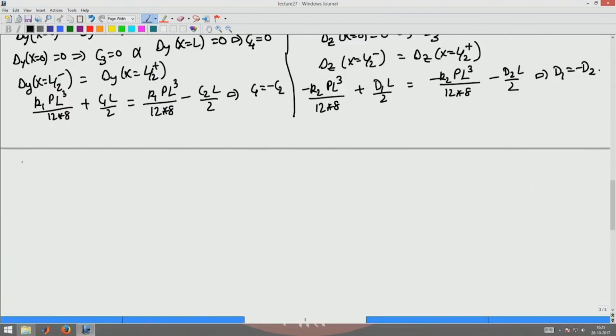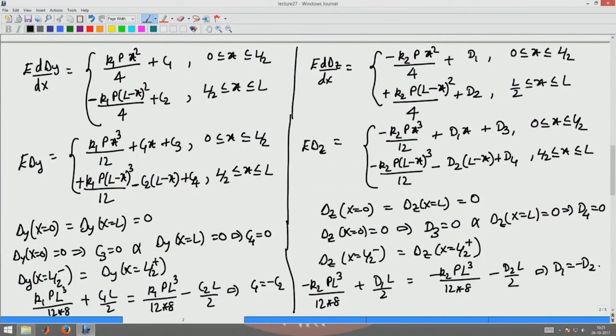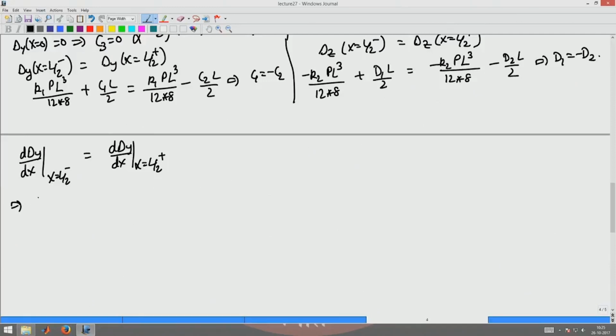Okay. So the second continuity condition that we will be using is d delta y by dx at x equal to L by 2 minus must be equal to d delta y by dx at x equal to L by 2 plus. So this condition, from the equation here, will give us K1 into P L square by 16 plus C1 must be equal to minus K1 P L square by 16 plus C2.